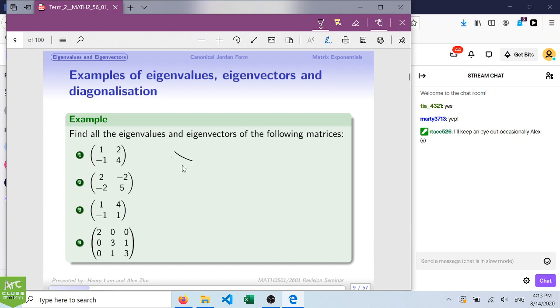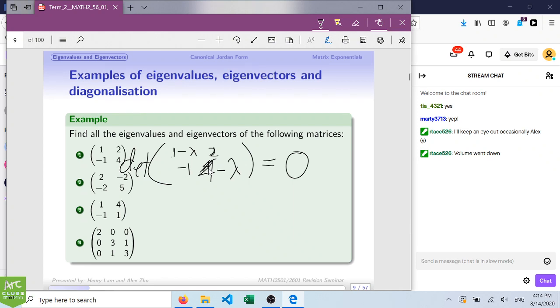So let's see. We want to solve the determinant of this matrix, with 1 minus lambda, 2, minus 1, and 4 minus lambda, and this equals 0.